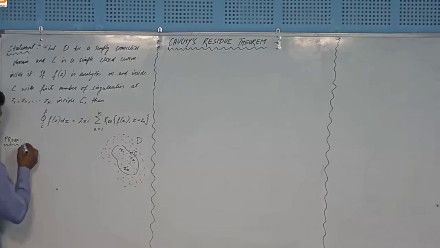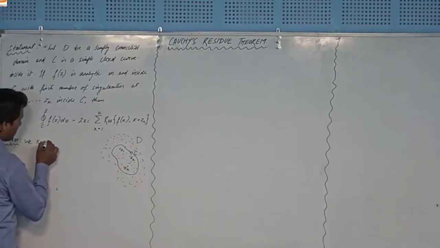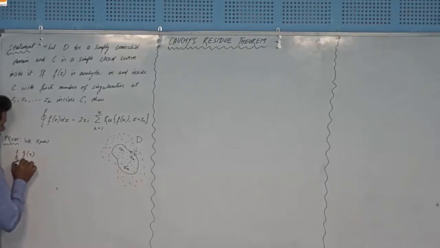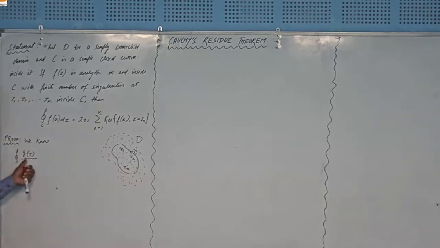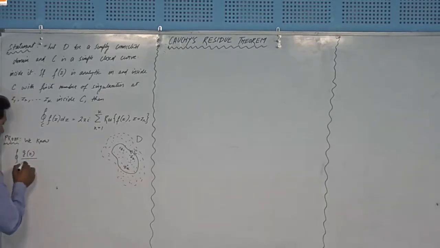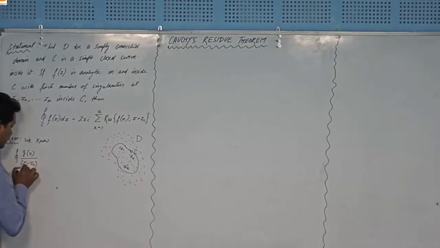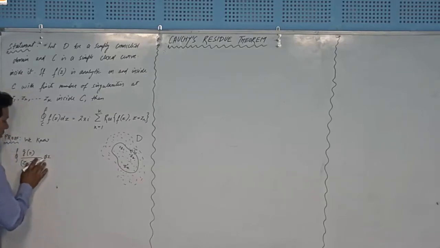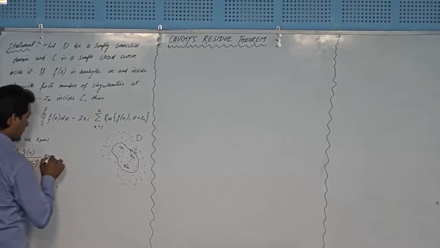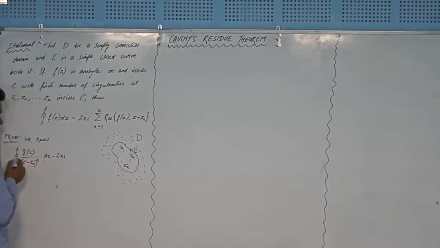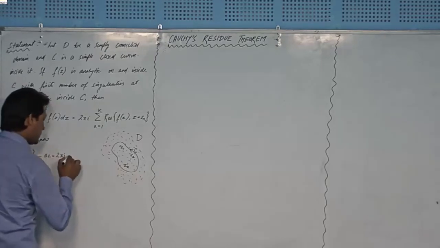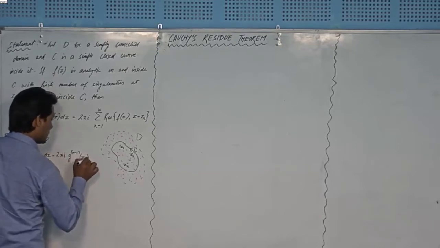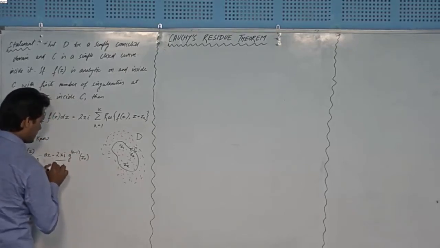We know that the Cauchy integral formula was something like this: g(z) over (z minus z naught) to the power n plus 1 dz, or should I write it n only, equal to 2 pi i, and in this numerator function we have g's n minus 1th derivative evaluated at z naught, and I think here we had n minus 1 factorial also.